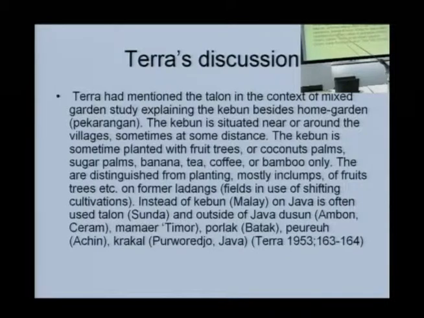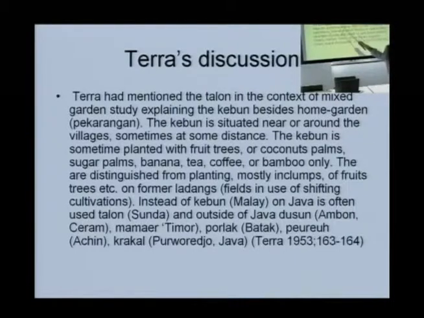So why did Otto Soemarwoto get the idea? Of course, he saw the practice of Tarum in the field, but he also got the idea from Terra's discussion. Terra is a Dutch ecologist who studied the home garden in Java for a long time, especially during colonial time.